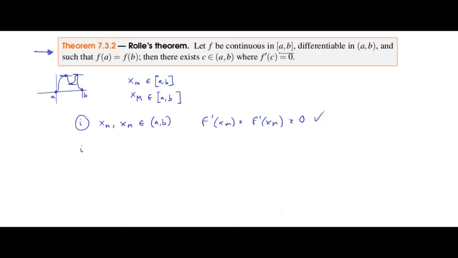Well, it could be the case that either x_m is a, or x_M is a, and the other one is at some point c in the open interval.